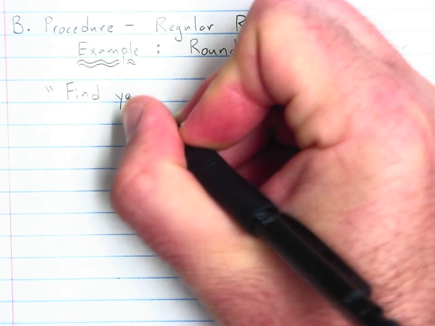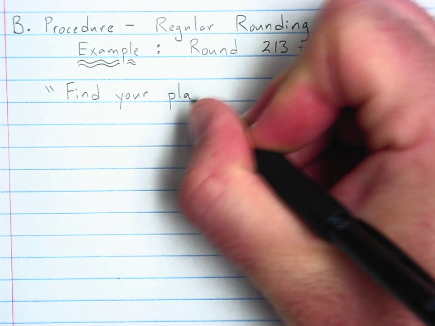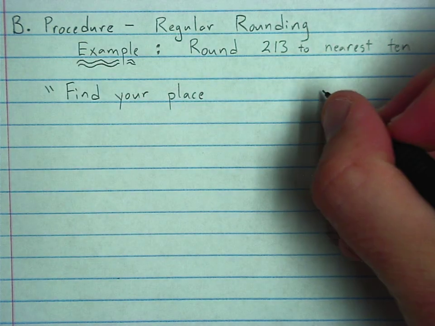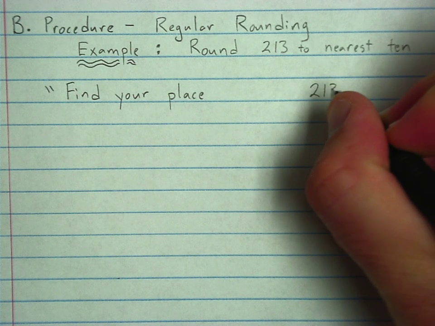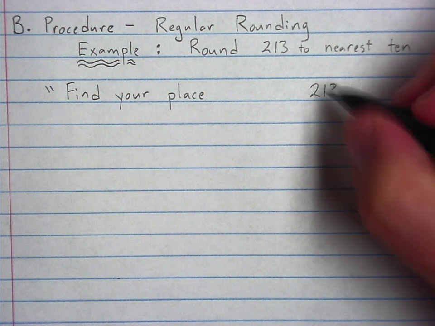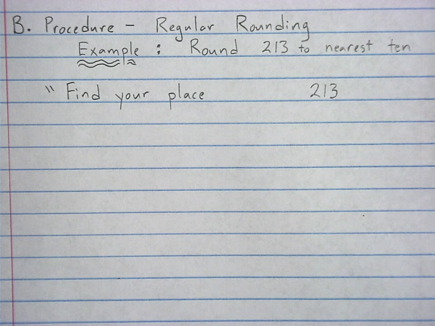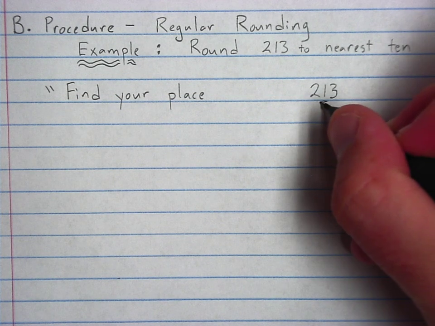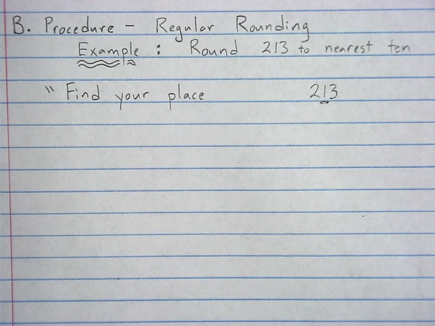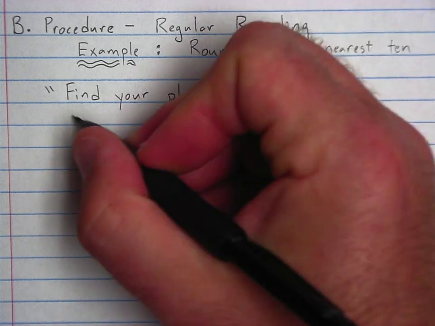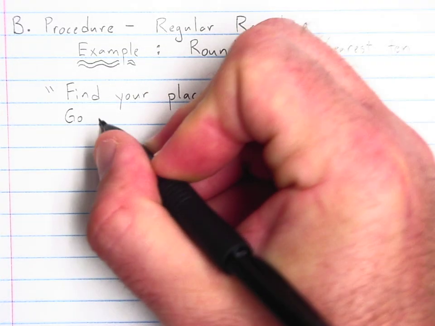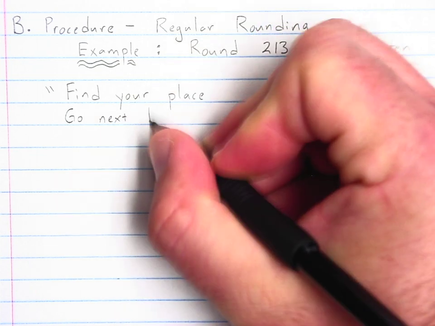Find your place. Well, if my place is the nearest 10, then in 213, that's going to be this digit right here. I have 1 in the tens place. So find your place. Go next door.